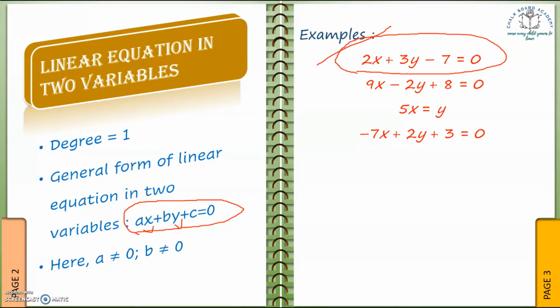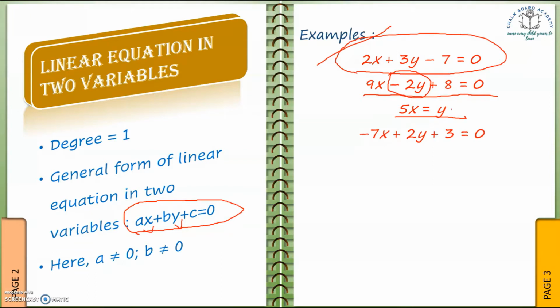Now we have another example, 9x minus 2y plus 8 is equal to 0. Here we see that b is a negative integer. Now the third example is 5x is equal to y. Here we do not have any c. Still it is a linear equation in two variables. Why? Because it satisfies two criteria.